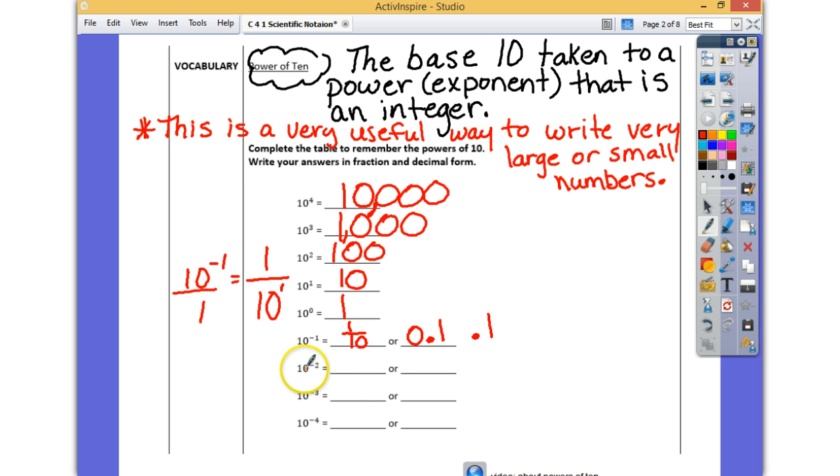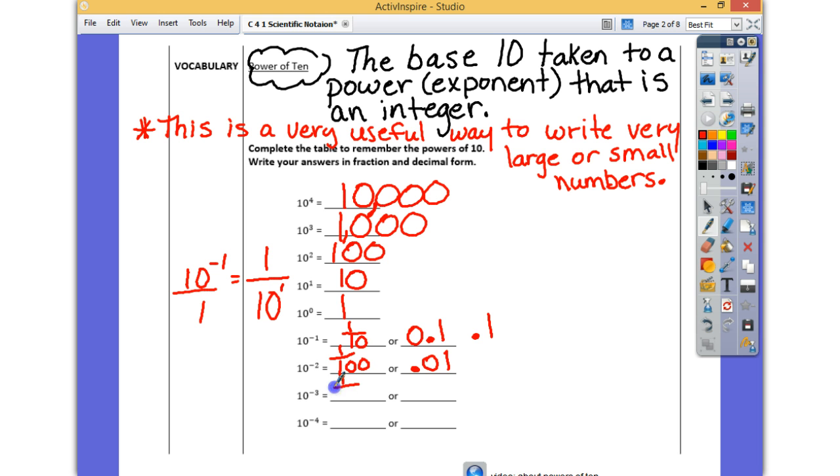So what is 10 to the negative 2 as a fraction? 1 over 10 to the 2, which equals 1 over 100. So 0.0, how many zeros? 0. 10th, 100th. We need 1 zero. It's 2 places behind the decimal. All right, negative 3.